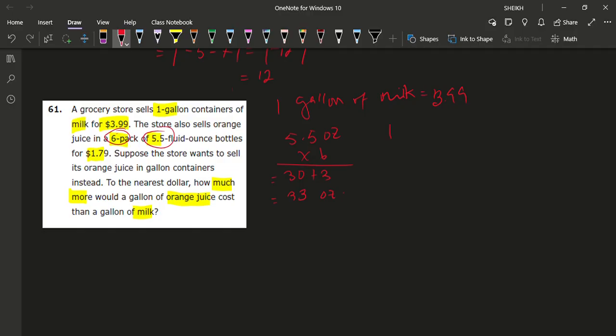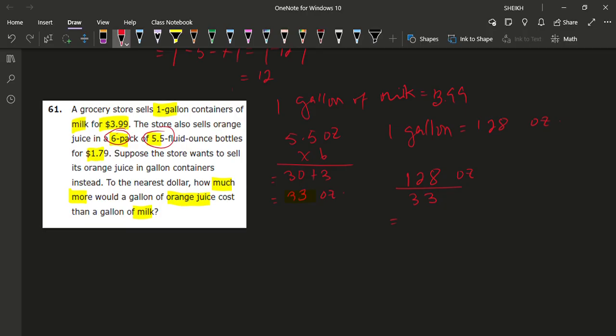But we know that 1 gallon equals 128 ounces. So how many packs of orange juice do we need to buy to make a gallon? To make 128 ounces, we know that each pack is 33 ounces.